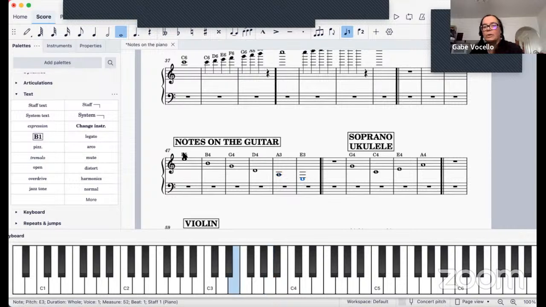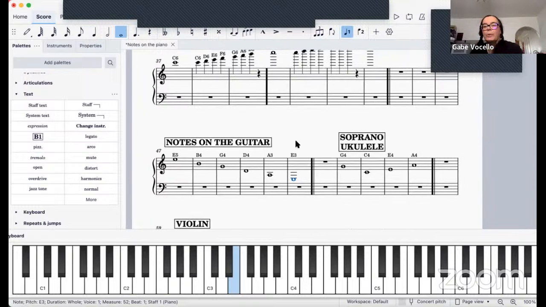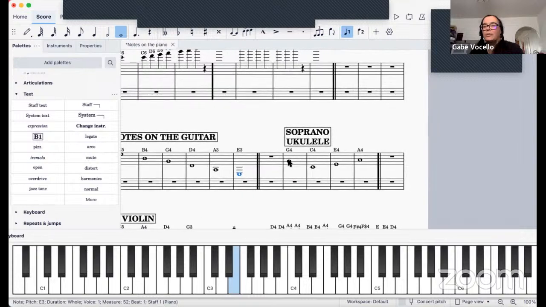The guitar is read only on the treble clef, it does not use the bass clef. On the soprano ukulele, the first string is A4, the second is E4, the third string is C4, and the fourth string is G4.